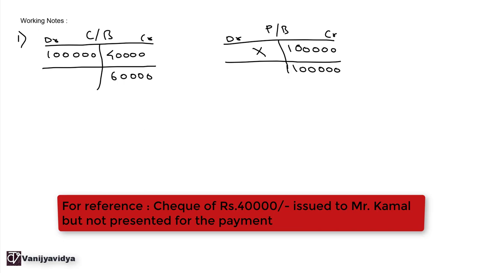Now in the bank reconciliation statement we are bridging the gap between the cash book and the passbook. Here the balance as per cash book is given and the balance as per passbook is not given. We have to find it out. So we are moving from cash book to passbook, so we have to add 40,000 in the bank reconciliation statement.